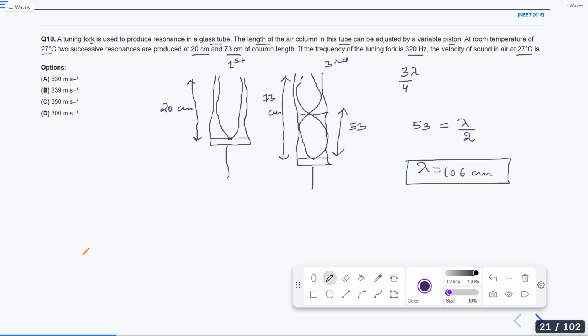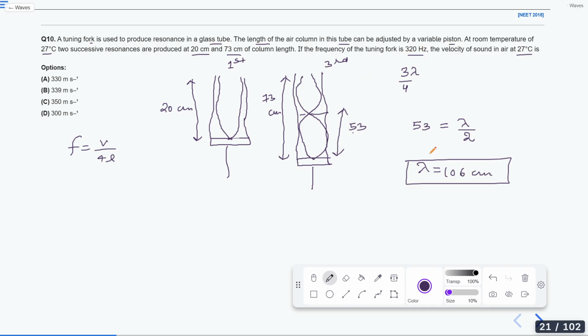Okay, and you can calculate the velocity of sound in air at 27 degrees Celsius. So how can you calculate the velocity of sound? Now you have a closed organ pipe, and the formula for the fundamental frequency is V by 4L. Resonance is happening at 20 centimeter and 73 centimeter, two successive resonances, and the frequency is 320 hertz.